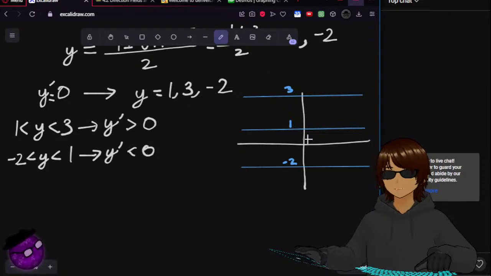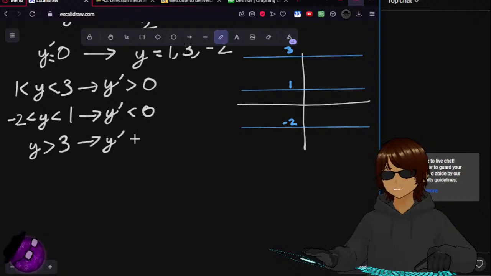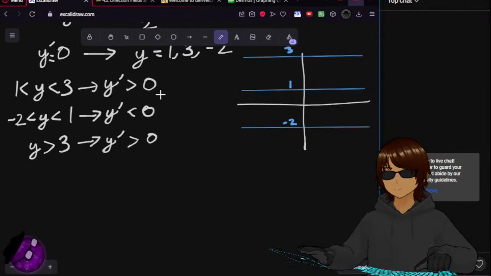So the derivative is going downwards. Here the derivative is going upwards. If it's above 3, then also the derivative is more than 0, because both of them will be positive.